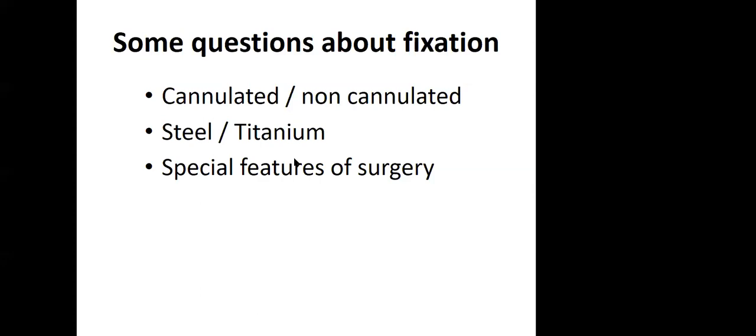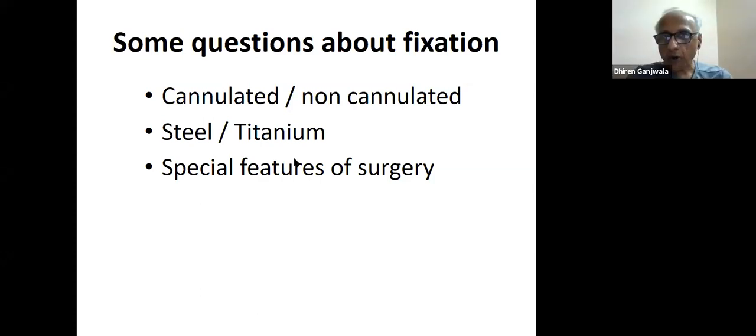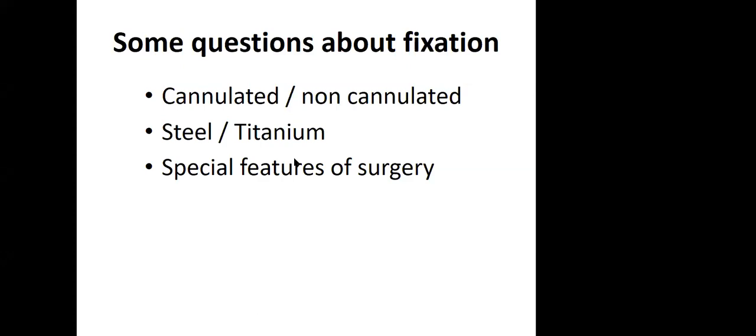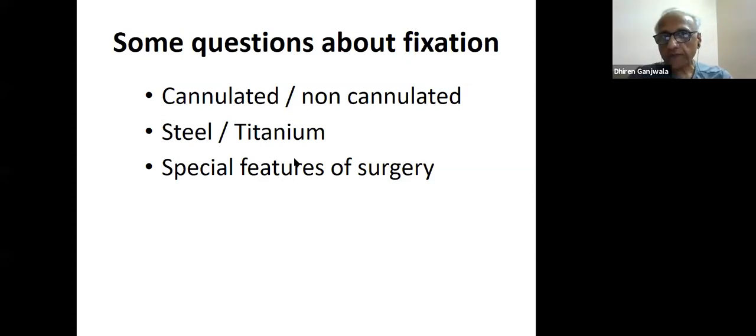MRI compatibility. Yes, titanium is MRI compatible. But the problem with a titanium screw is that if you want to remove it, the chances of screw breakage are more. If you use steel, those chances are less, but it's not MRI compatible.